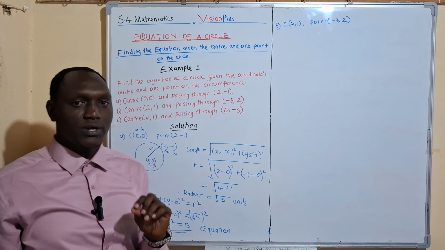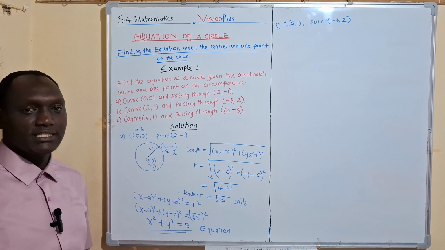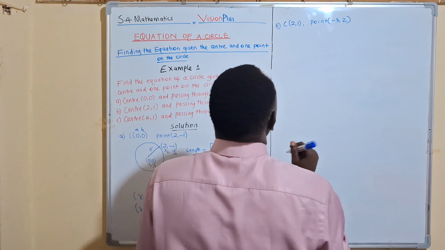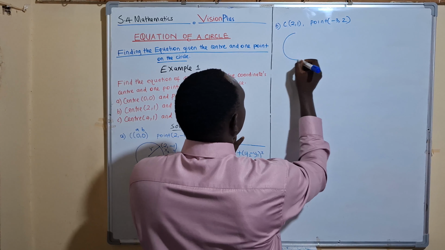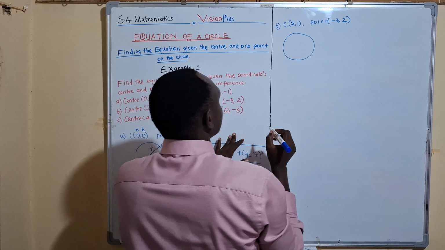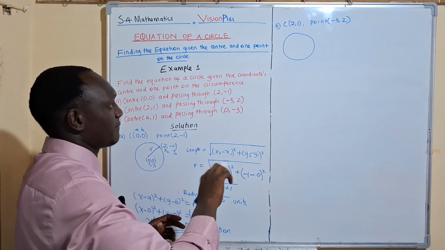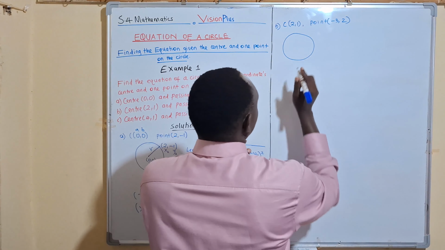So just to guide you, it is important that you draw a rough estimate of the circle, just to guide you as a beginner. So I'm going to draw, this is my circle, just something like that. You may use a ruler, you may use a protractor, or you can sketch it.